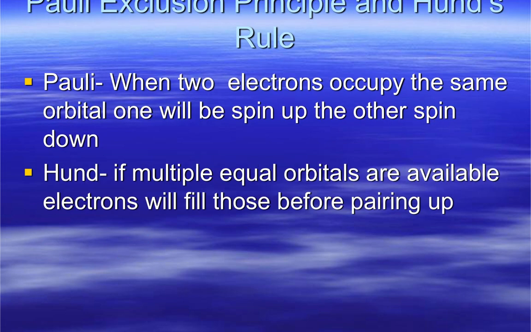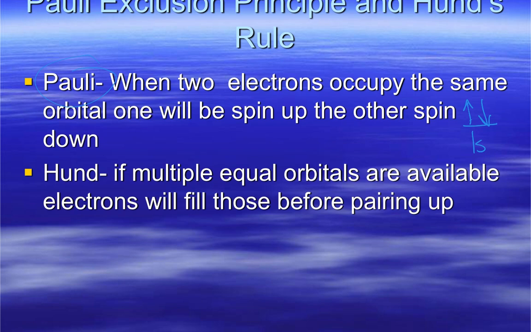The Pauli exclusion principle and Hund's rule are 2 more rules that we can show in our orbital diagrams. Pauli said that when 2 electrons occupy the same orbital, one will be spinning up and the other will be spinning down. So the fact that I have 1s with 1 electron going this way and 1 electron going that way is the exclusion principle.